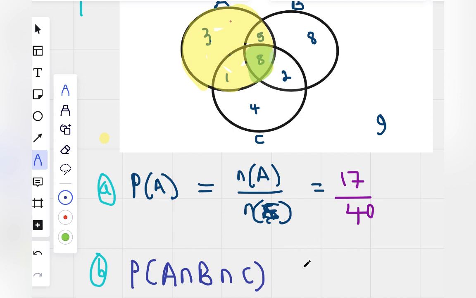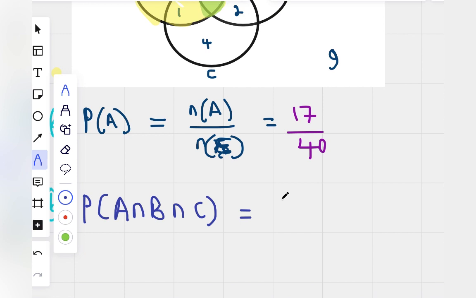So this probability is equal to the number of elements in the three intersection, the three overlap.